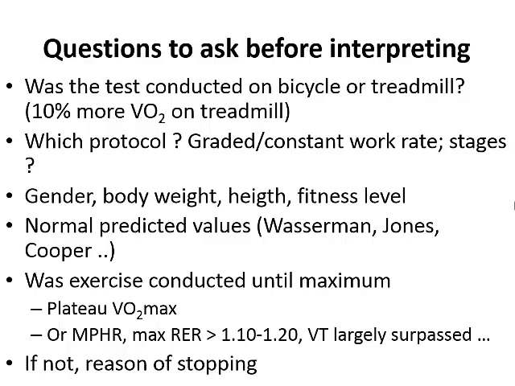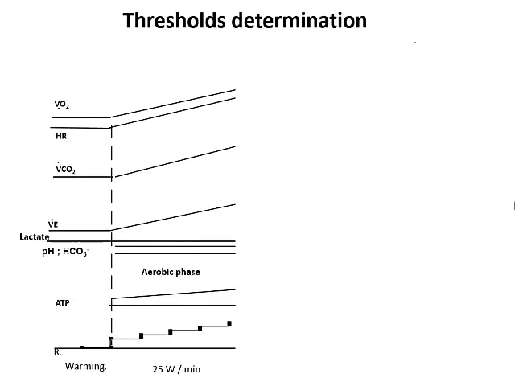Has he reached a respiratory exchange ratio, which is the ratio of VCO2 by VO2, greater than 1.10, 1.20? Was the ventilatory threshold, I will explain later, largely surpassed? These are criteria that suggest that the exercise was really conducted until the maximum. If you are not there, you are not sure that the test was conducted until maximum. And if the test was not maximal, you have to know why the test was stopped.